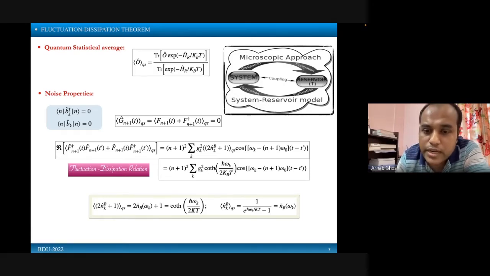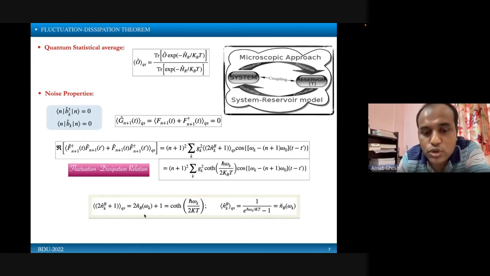Now for the time being, I just emphasize this coth, hyperbolic cotangent, factor. This factor appears because this is a bosonic system. It can be traced to the origin of this 2n_b bar plus 1, where n_b bar is the Bose distribution. And it is important to understand that these noise correlations survive, or are non-zero, even when T equal to 0.